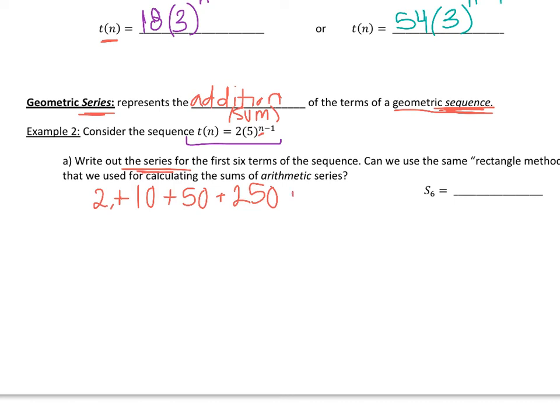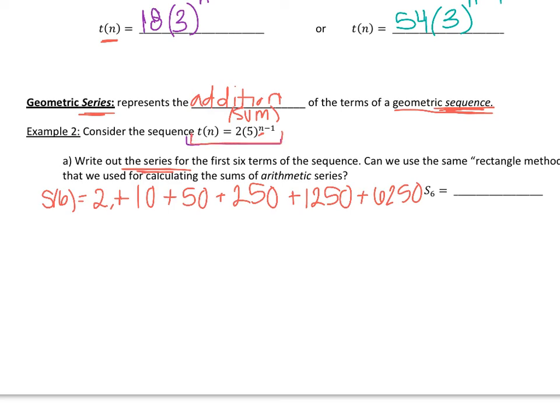Multiply by 5, 1250, and 1 more, 6250. So these are the first 6 terms of my sum, and if you remember the notation from above, I could call this S of 6. So that's the sum of the first 6 terms of this sequence T of n.